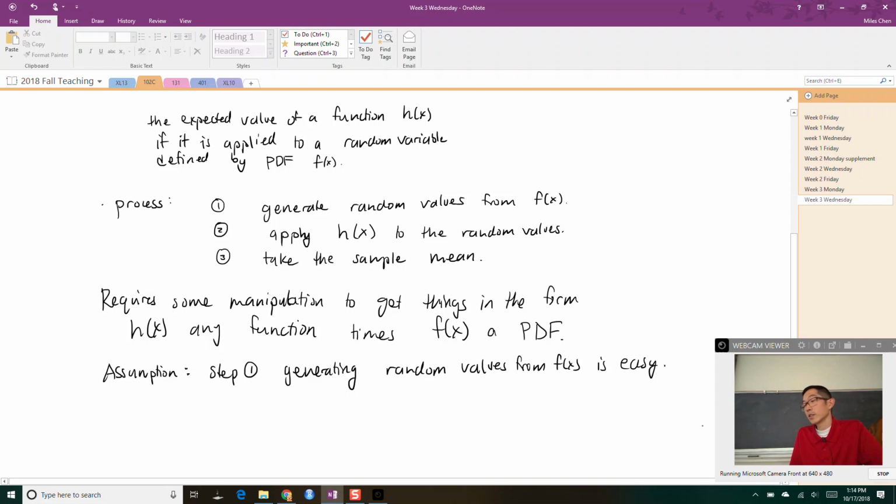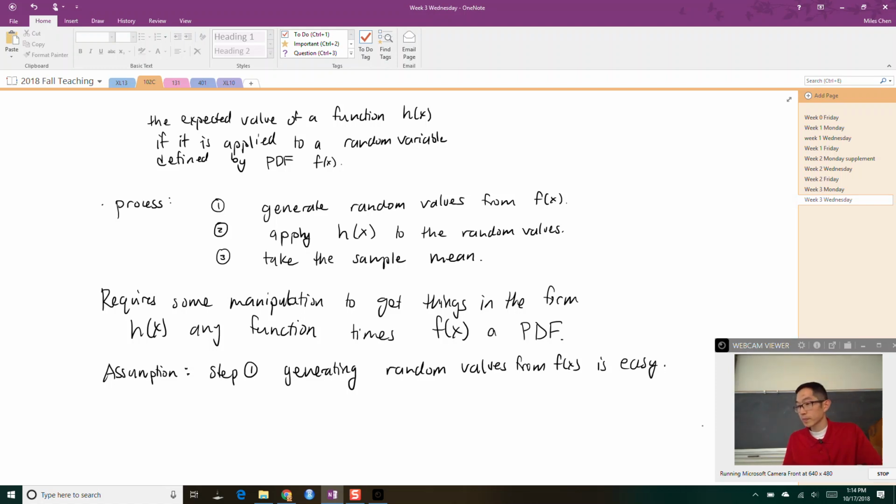And if it's not, then we're going to have some issues. And so today's lecture, importance sampling, covers the case when f of x, the function that we're trying to generate values from, is not easy.